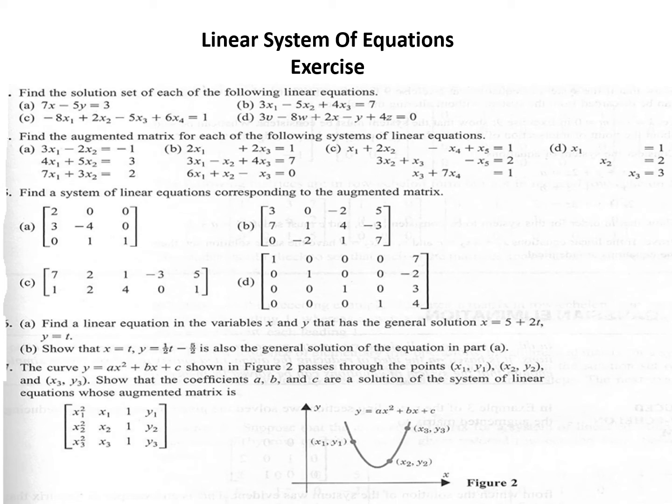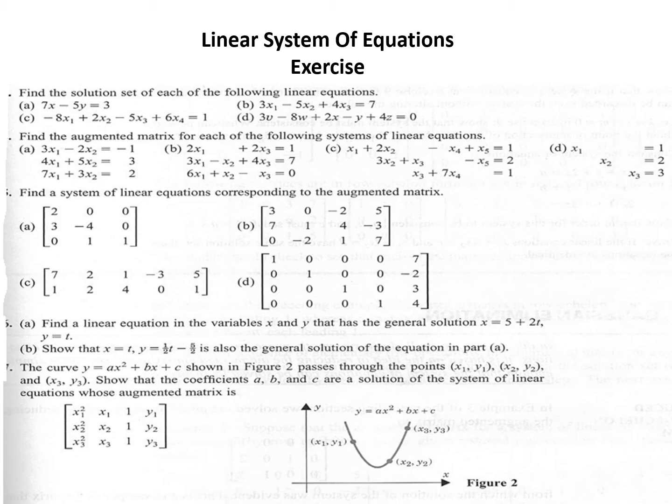In part C, it may be written in equation form like that: 7x1 plus 2x2 plus x3 minus 3x4 equals 5, and x1 plus 2x2 plus 4x3 plus 0x4 equals 1.